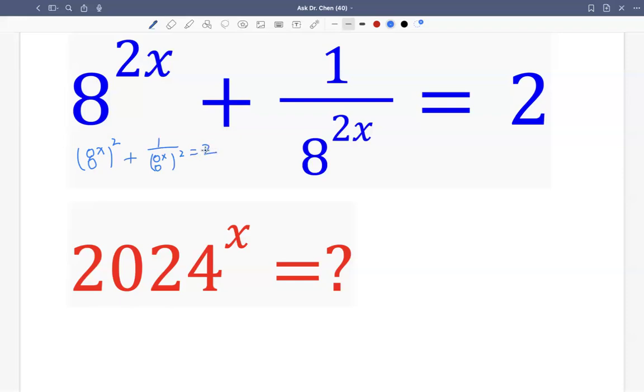Also, if this is troublesome, you can think of a raised by x as a, so it's a squared plus 1 over a squared. You can think of that way. So this equals 2, and this can be written as a square term.